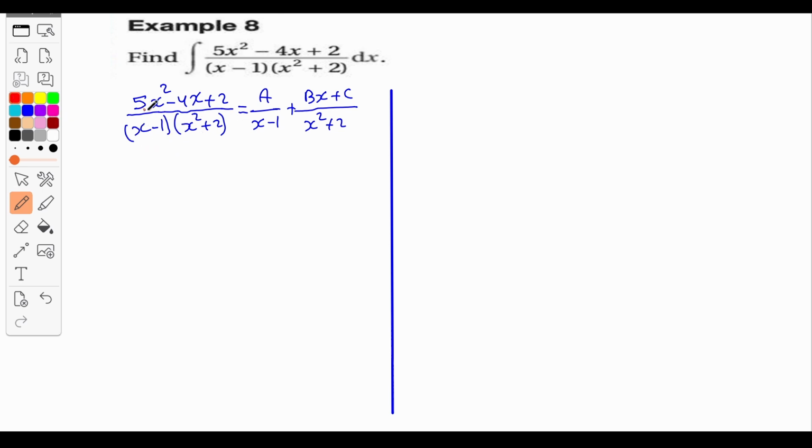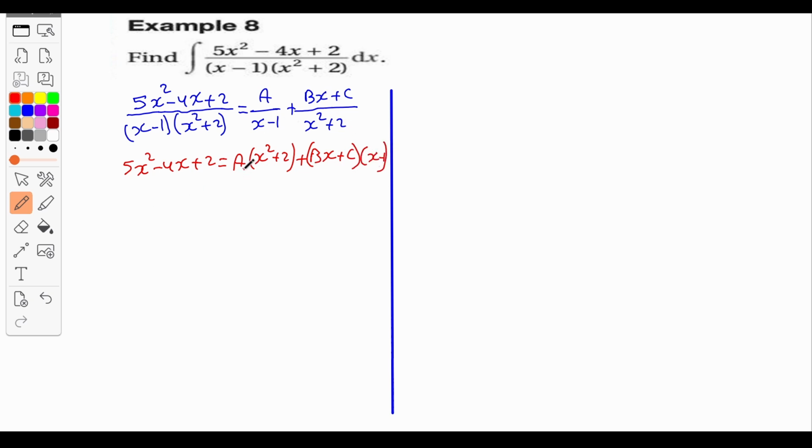The left-hand side will be 5x squared minus 4x plus 2 is equal to, if you multiply this by this denominator here, x minus 1 and x minus 1 will be cancelled. So a will be multiplied by x squared plus 2. Same as we do across here, okay? Plus this quantity, bx plus c, times this quantity, x minus 1.